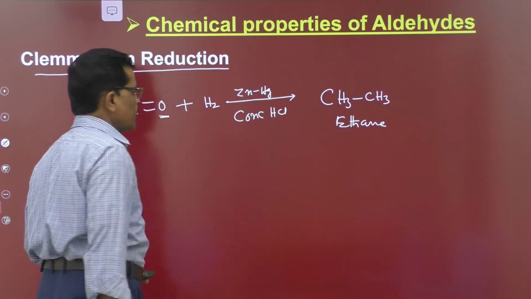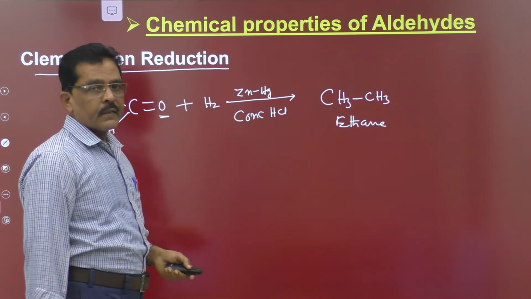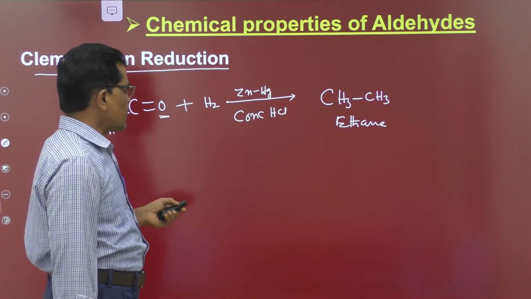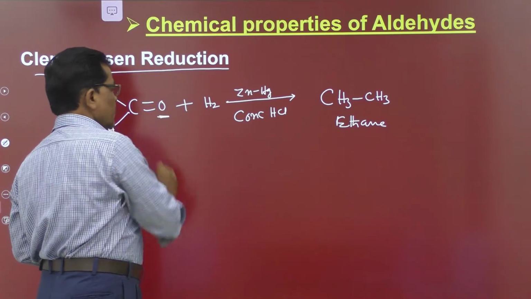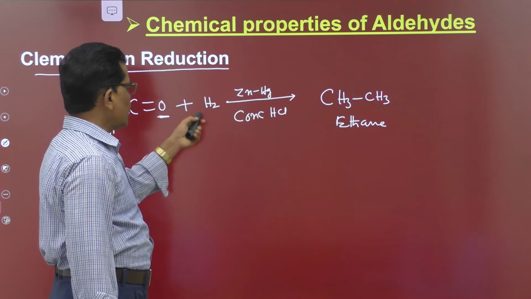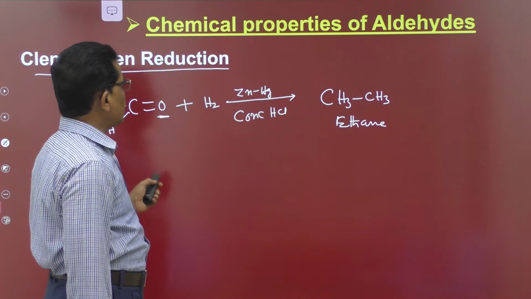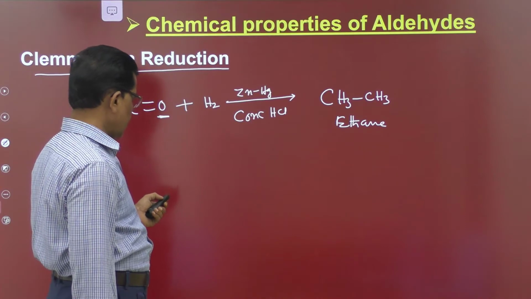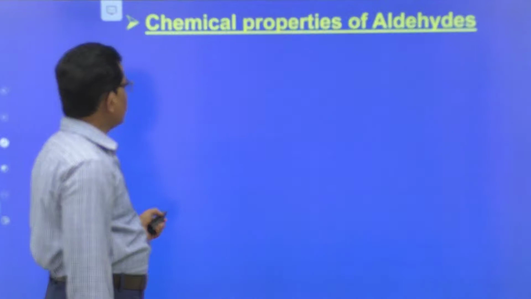This amalgamated zinc with HCl produces nascent hydrogen. Then the oxygen is replaced with two hydrogen atoms, and it becomes ethane. This is the Clemmensen reduction.